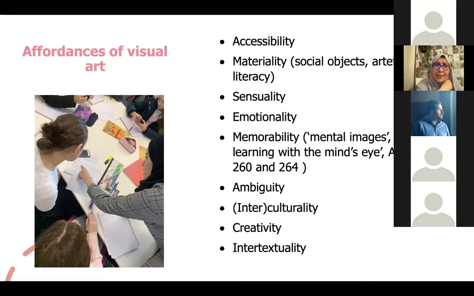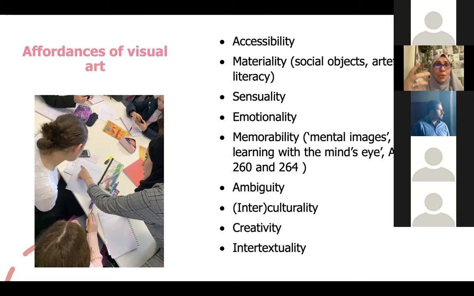The second thing that I want to share is that the quality of visual art is linked to the senses and to the emotions. And this is extremely important for heritage learners, and it can be for non-heritage as well.